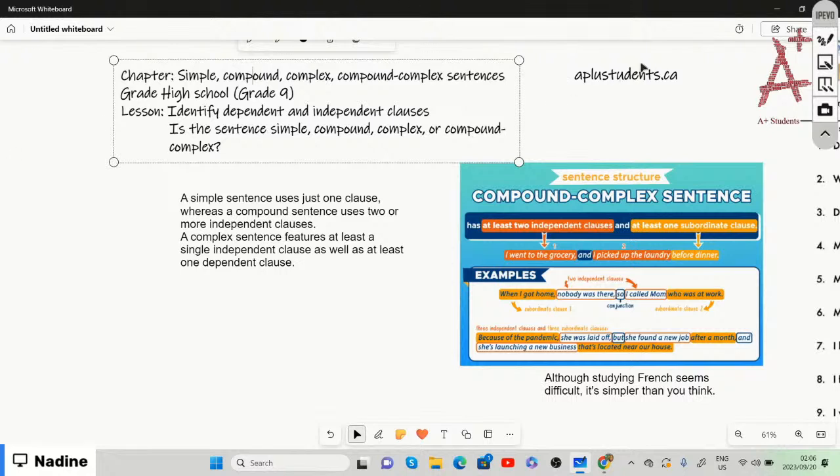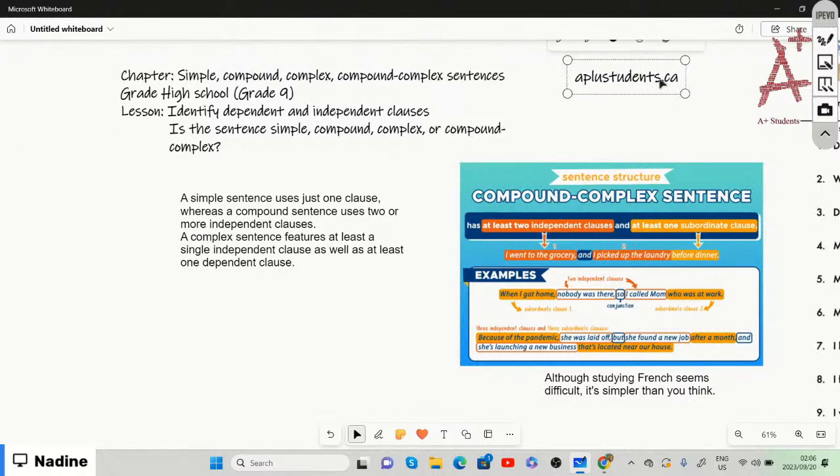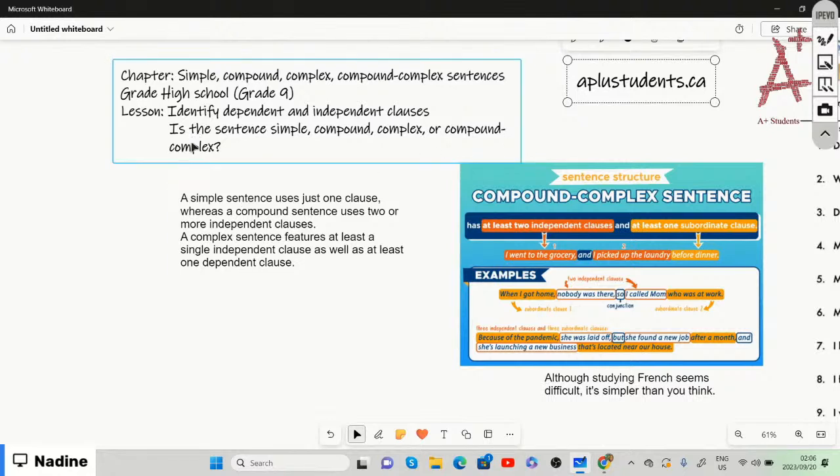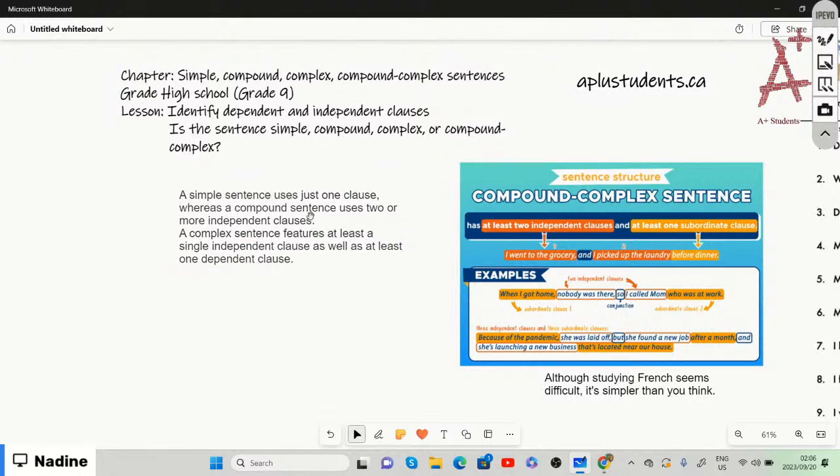We are doing our lesson on aplusstudents.ca, and that is why we also write down our chapters, grades, and lessons, in case you want to go back to aplusstudents.ca and log into the lessons that we did or we're doing.